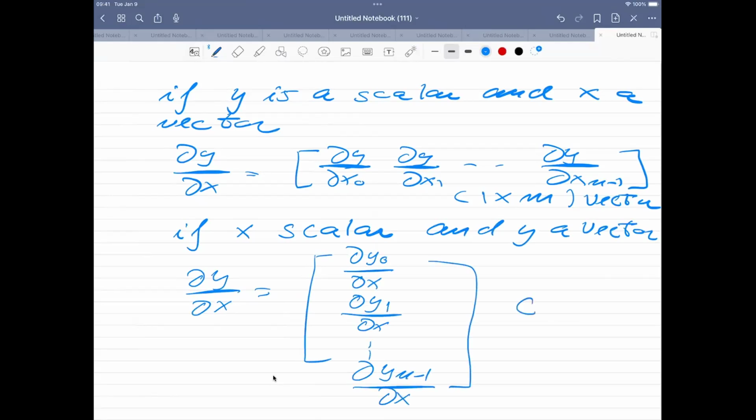And then we say that this is a vector of length n times 1, or a matrix of n times 1.